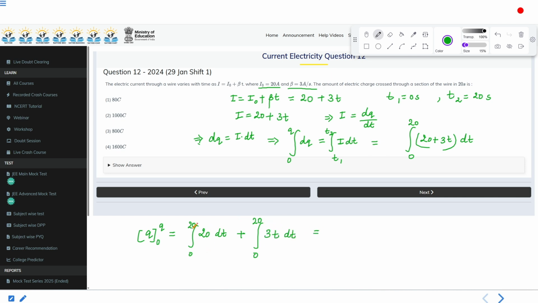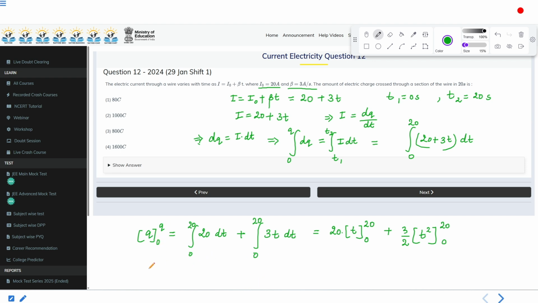So 20 is constant, it will come out, and the integration of dt will be t, so it will become 20t from 0 to 20. Plus 3 is constant, it will come out, and the integration of t will be t square by 2, so 3 by 2 t square from 0 to 20.